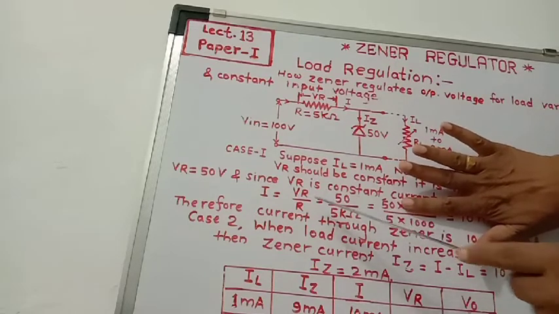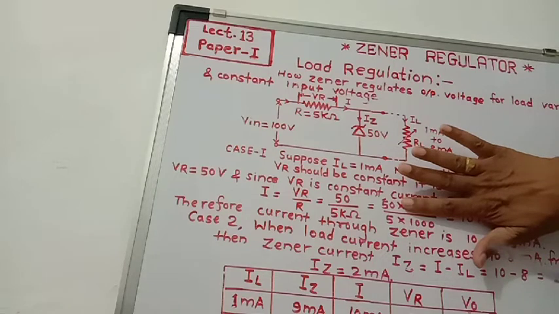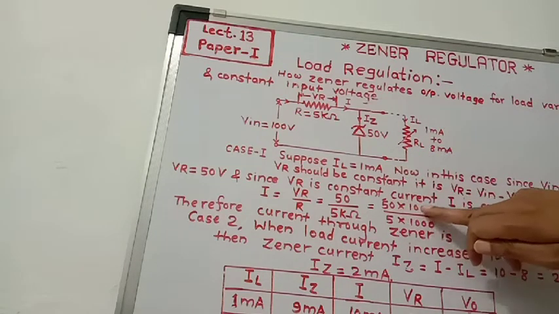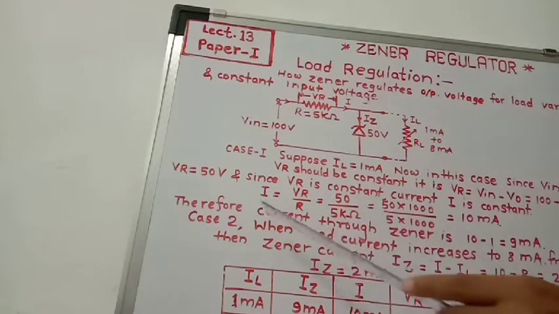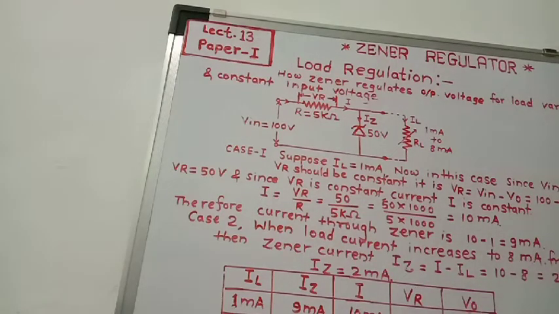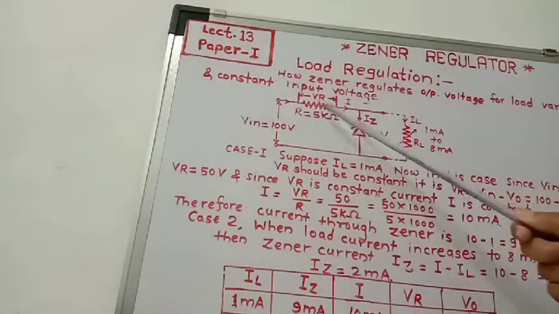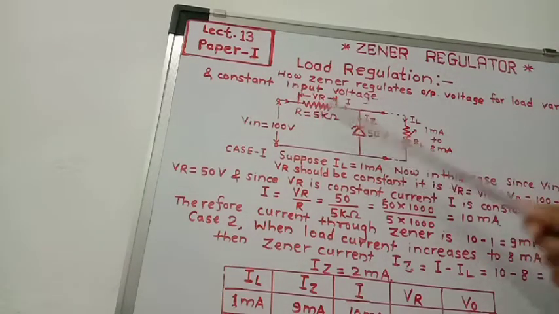We convert it into milliampere by multiplying by 1000, so the 1000 cancels and we get 10 milliampere. So the current through resistance R is 10 milliampere.